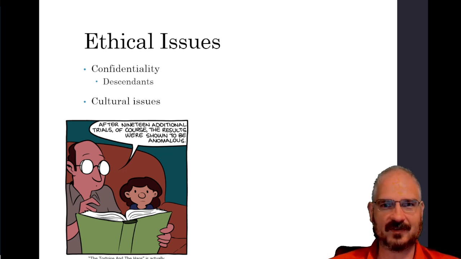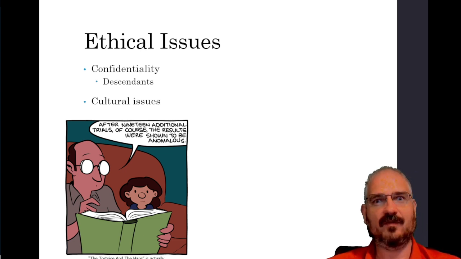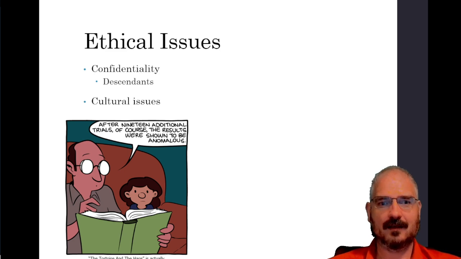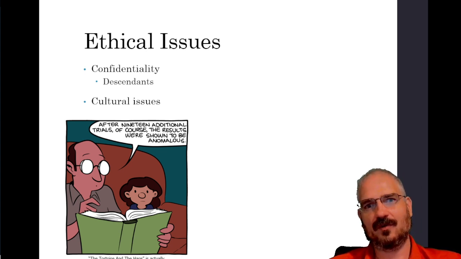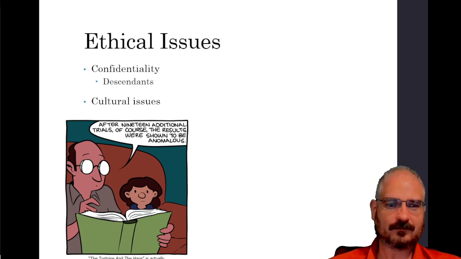So if the original data was collected by somebody promising confidentiality, we are ethically obligated to maintain that confidentiality, even if we could theoretically violate it, and even if those people are long dead. Because there's still their descendants to worry about.